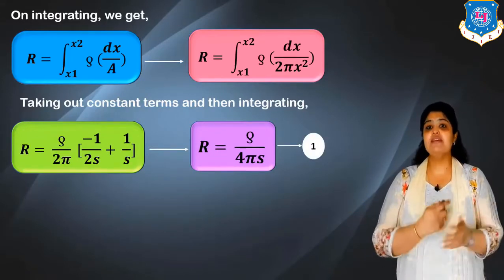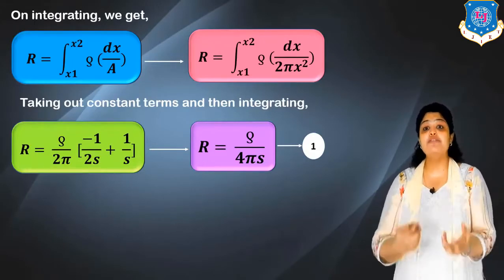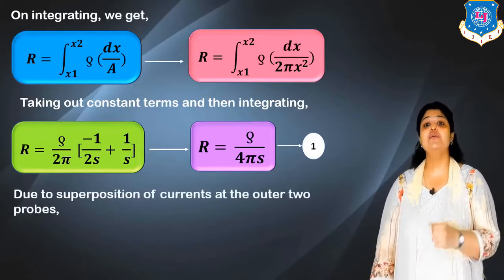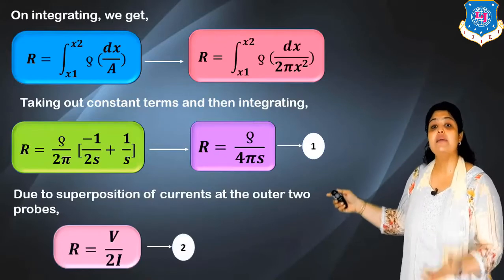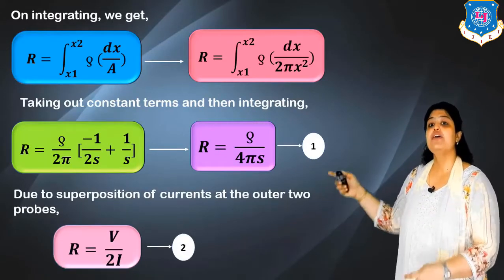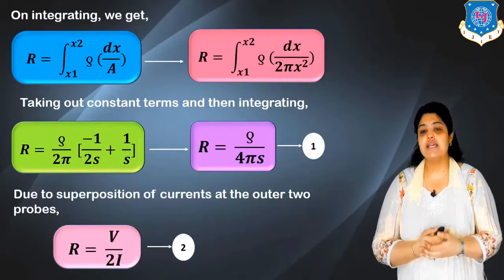Now in the previous diagram, we had seen superposition of currents, that is adding up of electric fields. So due to the superposition of currents at the outer two probes, we get the value of R as V upon 2I because the electric fields of the current add up. We call this equation number 2.